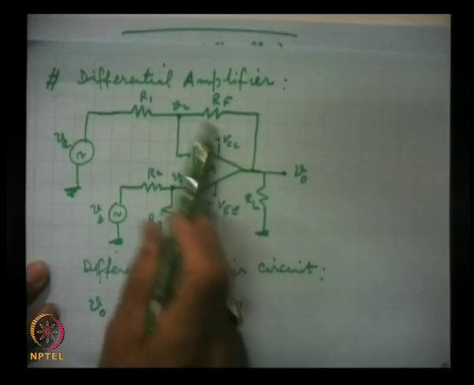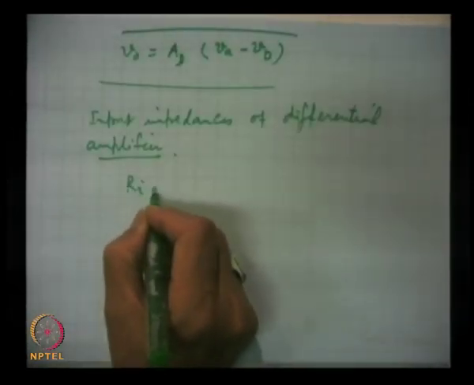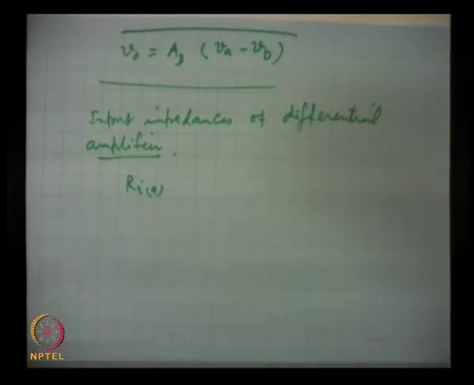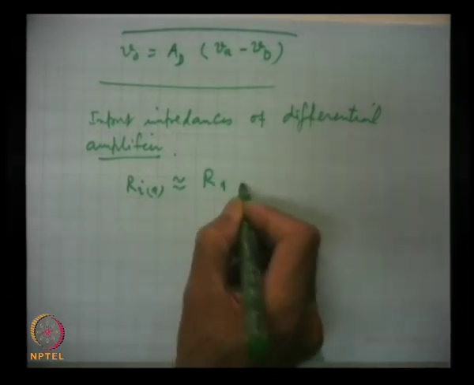The inverting part of it, that is RIA, input impedance because of the inverting amplifier, this we know is equal to R1.